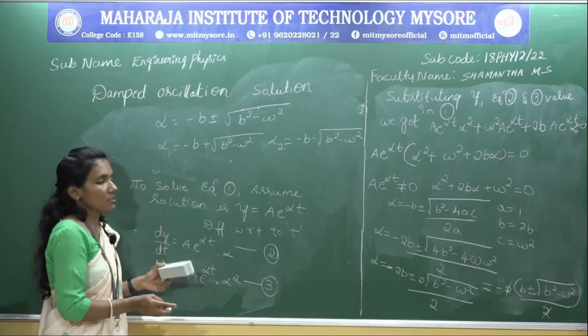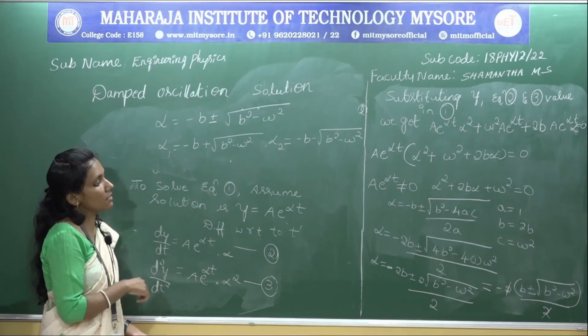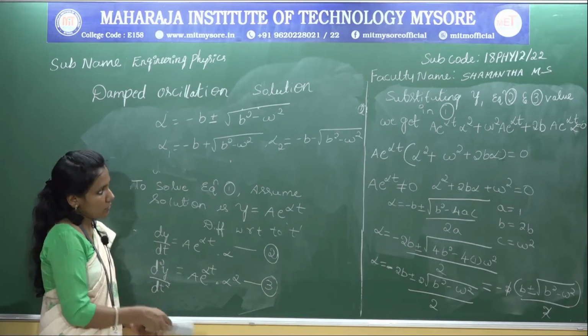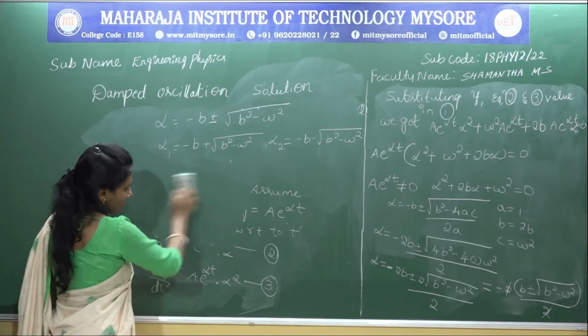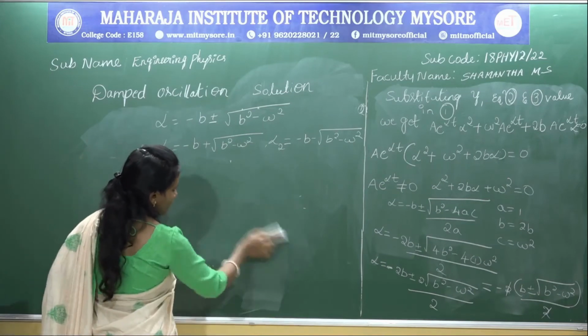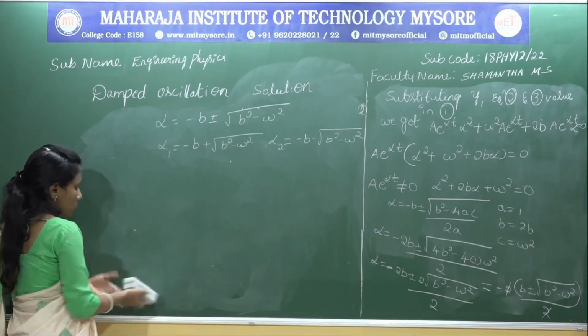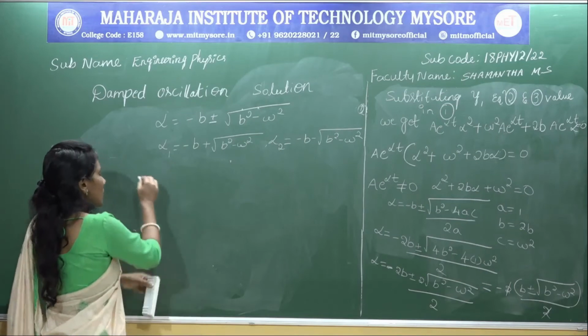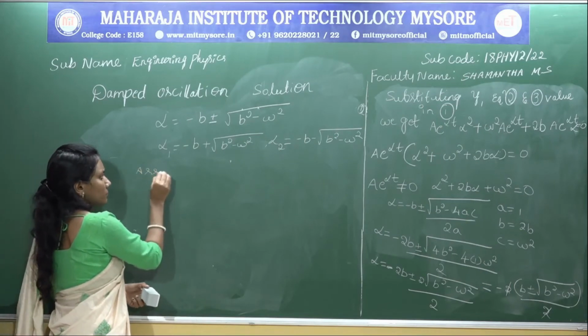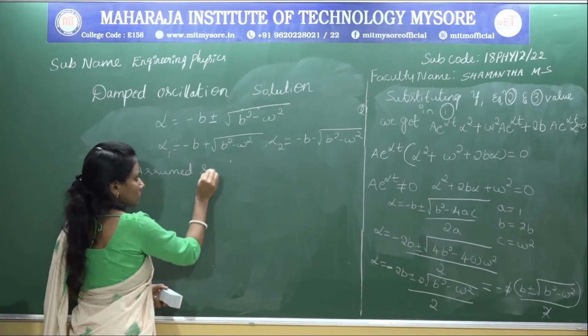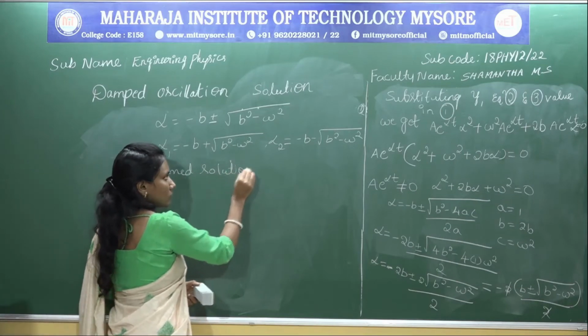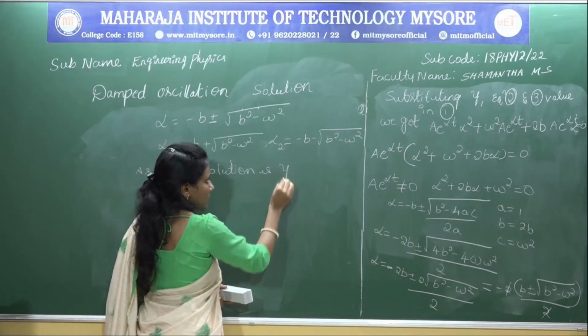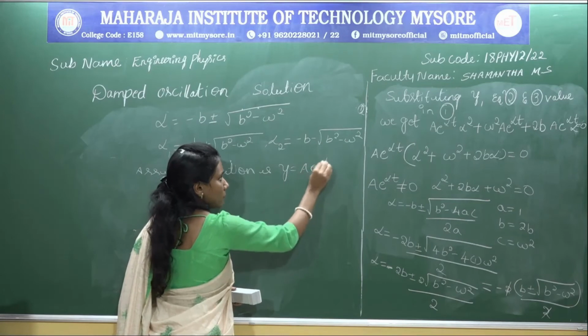Now we have to substitute these alpha values in the assumed solution. What is that assumed solution? The assumed solution is y is equal to a into e to the power of alpha t.